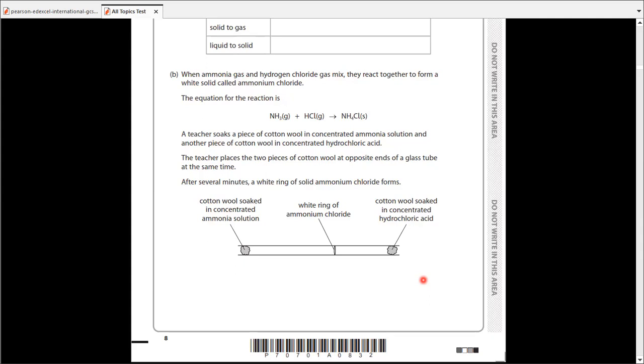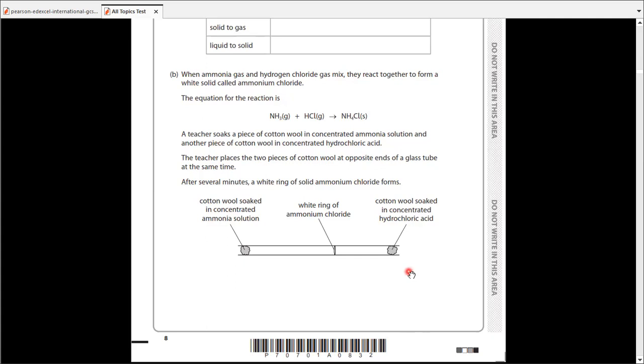A teacher soaks a piece of cotton wool in concentrated ammonia solution and another piece of cotton wool in concentrated hydrochloric acid. The teacher places the two pieces of cotton wool at opposite ends of the glass tube at the same time. After several minutes, a white ring of solid ammonium chloride forms. Okay, that's the image.